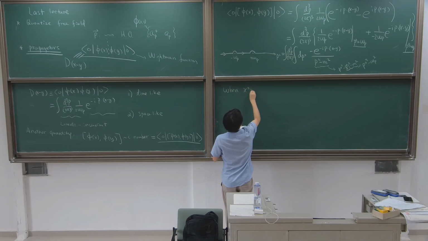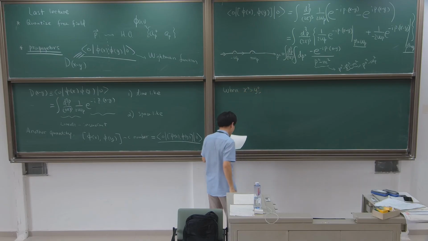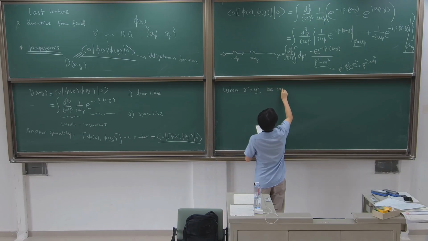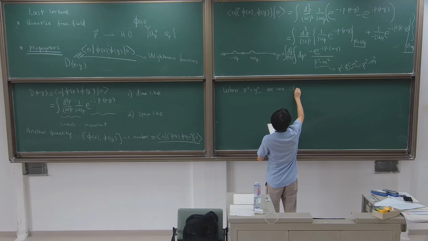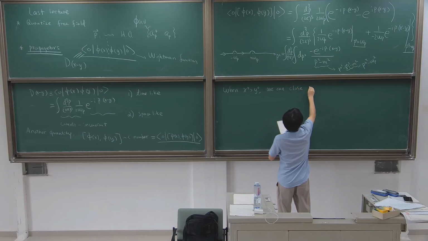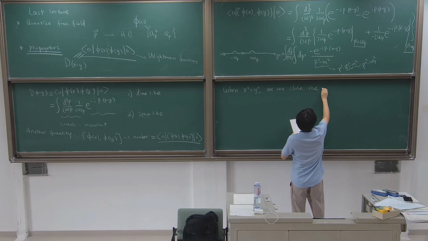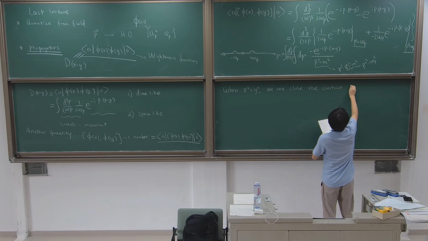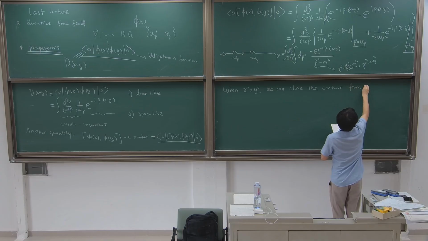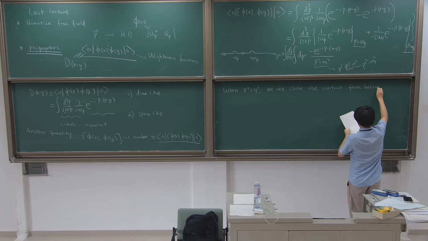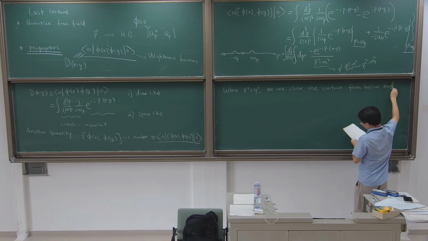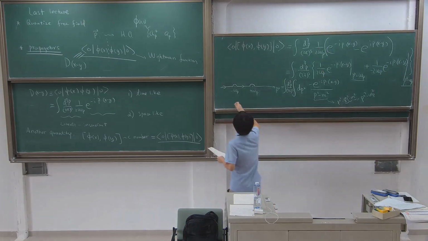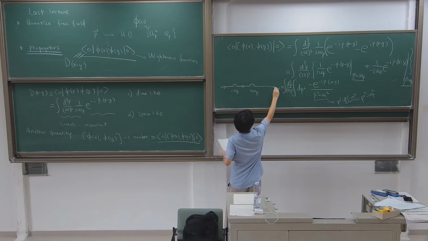So if x0 is greater than y0, then one can close the contour from below. Close the contour from below means I can close the contour from below.